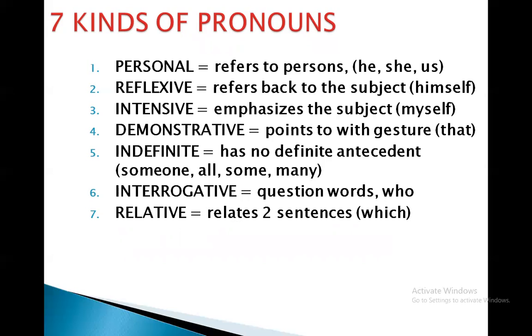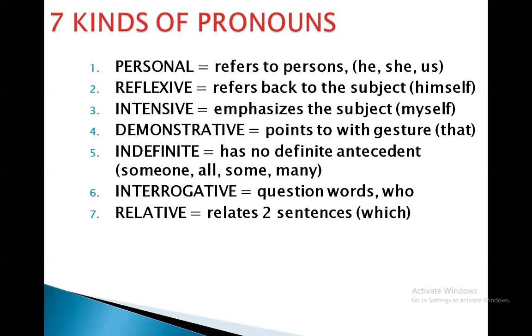We may not get the chance to use all the pronouns at a time, but very often we use personal pronouns in sentences, like he, she, it, I, you, we, they.